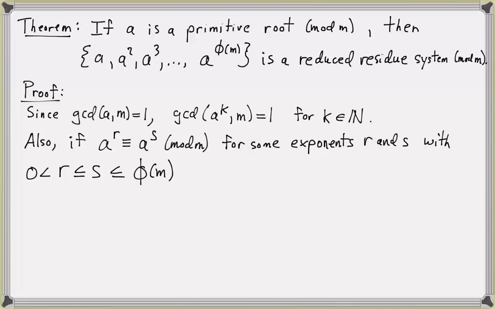Okay, so suppose two elements in this set are congruent mod m. Then we can divide both sides by a to the r to see that a to the power s minus r will be congruent to 1 mod m.